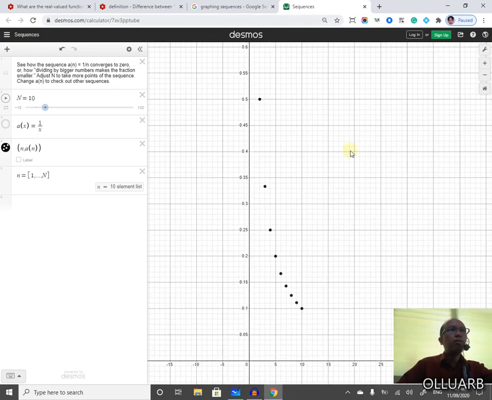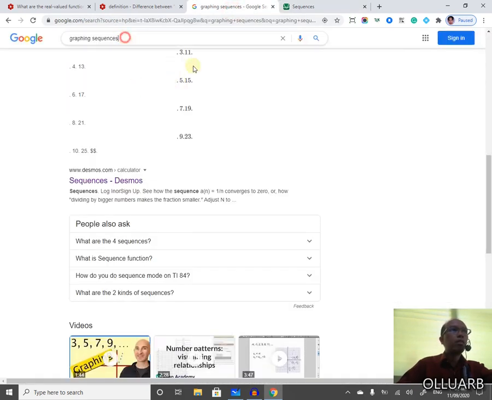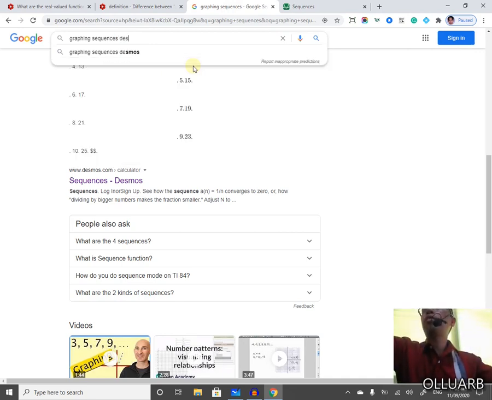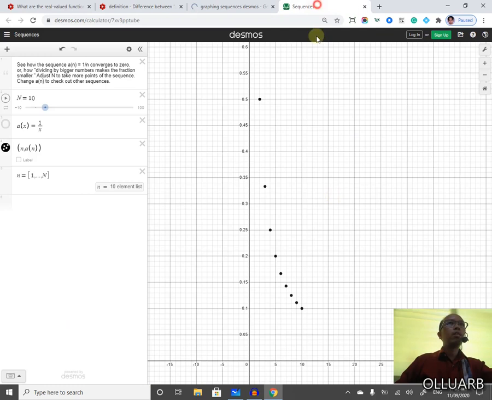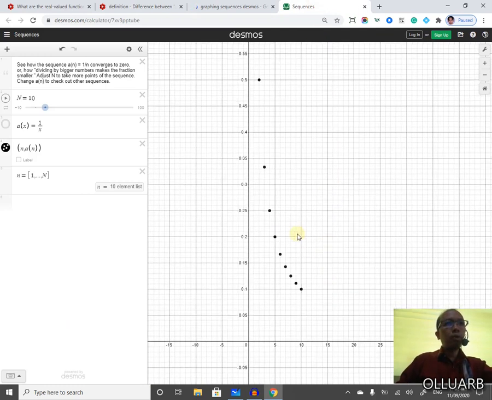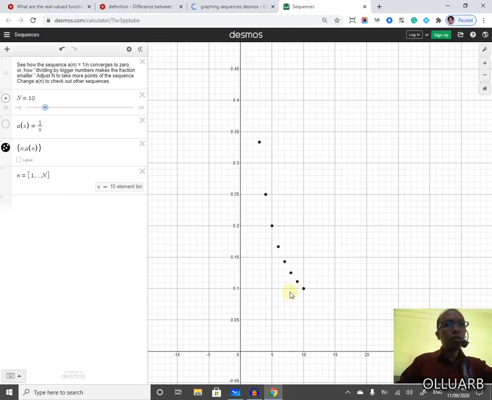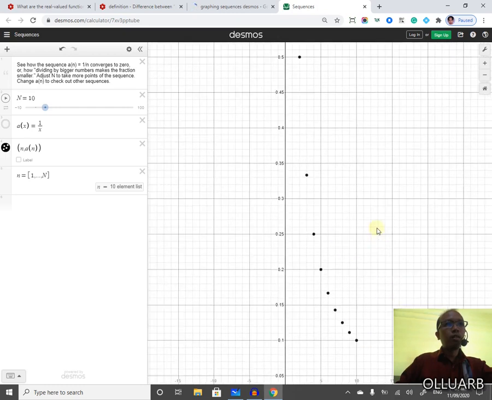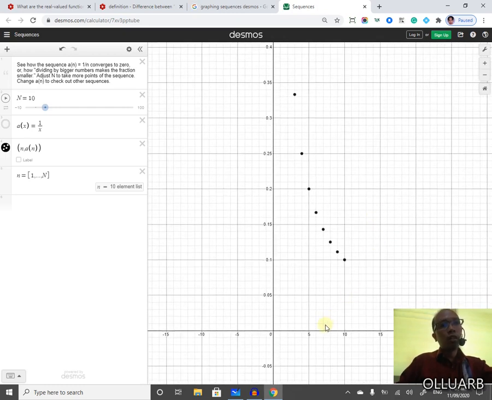If you have 10 elements, let's try to zoom this out. Why do we have a dot here? As you have noticed, since our domain is the set of positive integers, remember that 1/2 and 3/4 are not included in the domain.